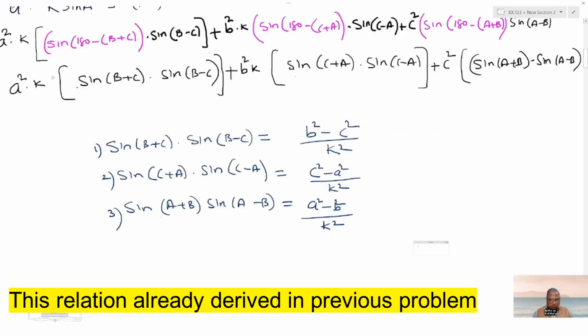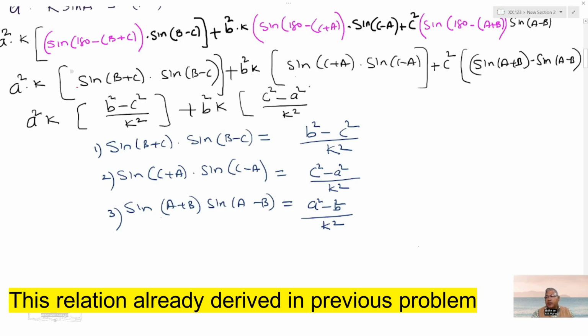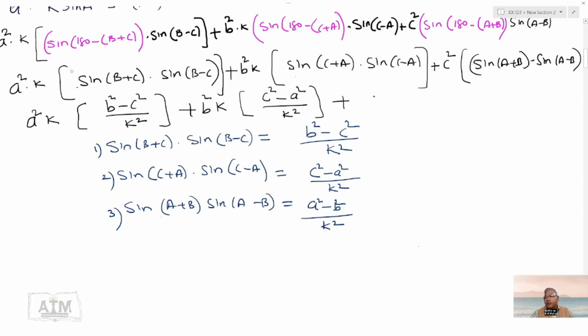Therefore a square k as it is, in the first bracket we can write b square minus c square upon k square plus b square k, and in the second bracket we can write c square minus a square upon k square plus c square into k. Sorry, here I have forgotten to write k.